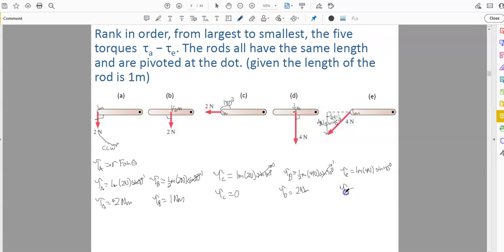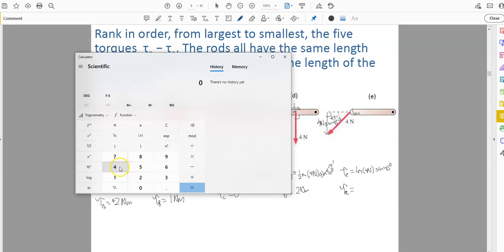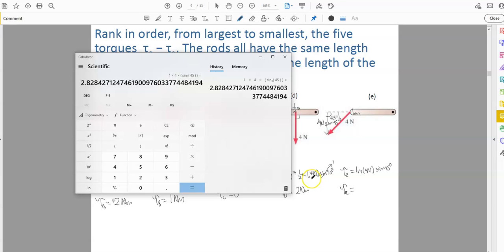Well, that's too much math for me, so I'm going to use a calculator on this one. Pop up the old calculator. So that's going to be 1 times 4 times, and now I'm going to do 45, and sine of that, in parentheses, equals, so 2.82, so 2.83.